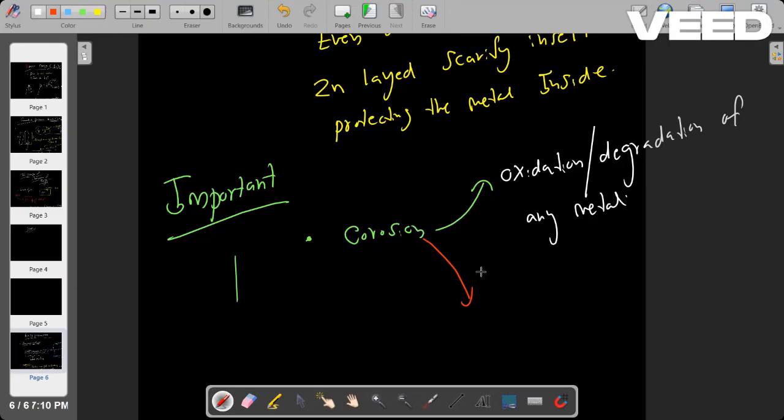Rusting means oxidation or degradation of iron. That is corrosion.